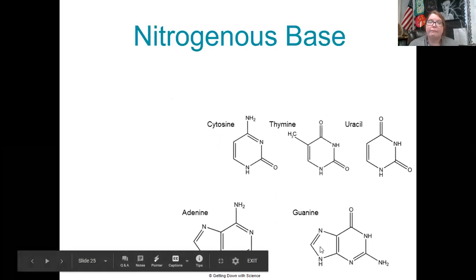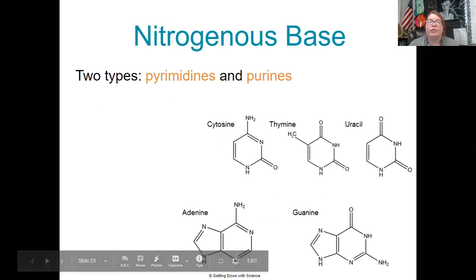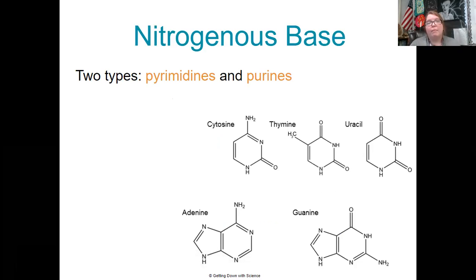All right, so our nitrogen bases, there's 2 types, a pyrimidine and a purine, okay? So pyrimidines are made of 1 ring with 6 atoms, okay? That's how we're going to distinguish those. And if you did your base pair sort, you may have seen some of these molecules before, right?